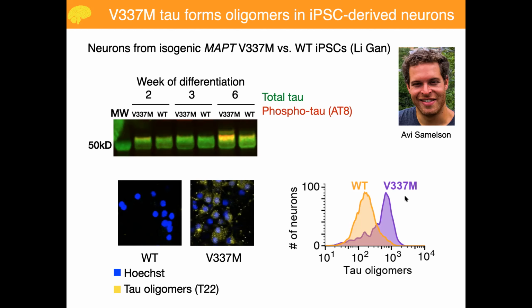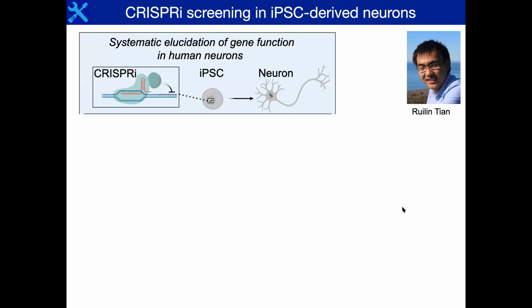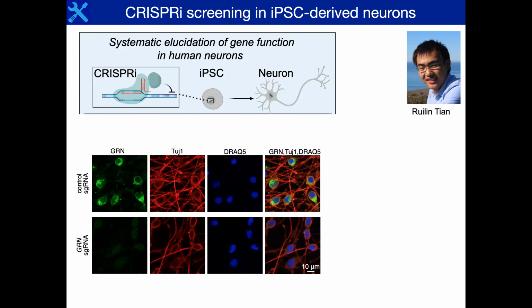side of the equation. So not only looking at amino acid sequence determinants of aggregation, but the cellular environment components of aggregation. And for that, we established a platform to do CRISPR-I and CRISPR-A modifier screens in iPSC-derived neurons, where we can use, for example, CRISPR-I to effectively knock down expression of proteins in neurons.